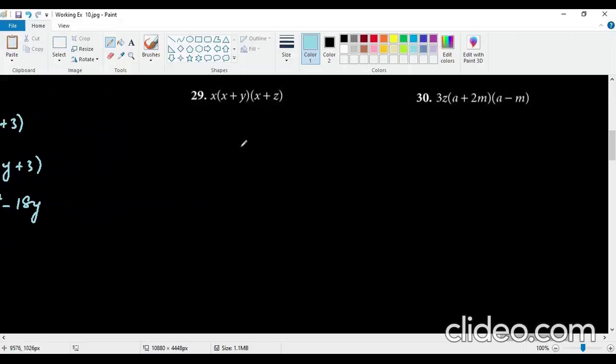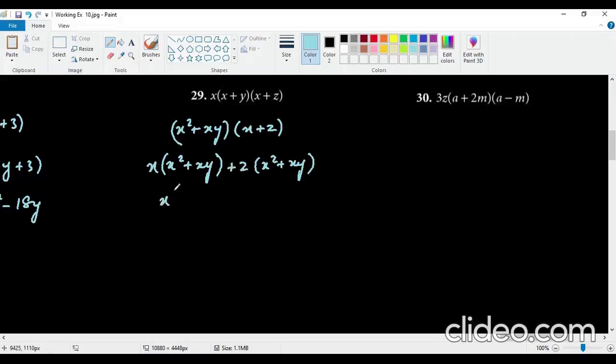When it comes to 29, first one is going to give me x square plus xy is going to be multiplied by x plus z. Now x square plus xy, I will write 2 times x square plus xy, I'm writing in the bracket, and I'm breaking this guy into x and plus z.